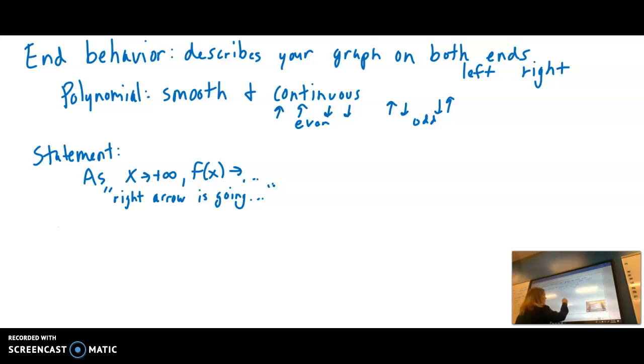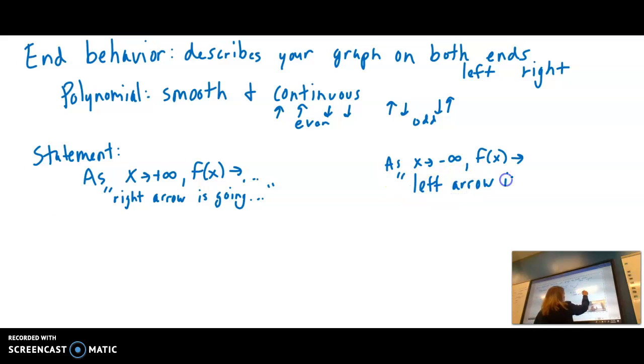Now how would I describe the left arrow? As x goes to negative infinity, my function goes to. Now this describes the left arrow is going. So you are explaining to someone what this graph looks like and what this graph is doing.